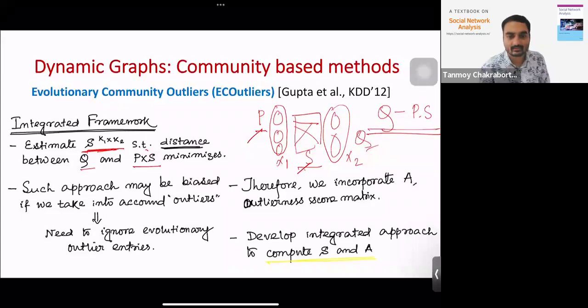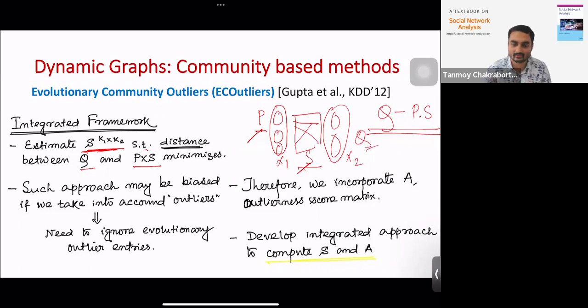The problem here is that this kind of approach may be biased if we do not take outliers into account. The reason is that when we try to minimize, let's assume that we say none of them are outliers. Then things would be very easy.